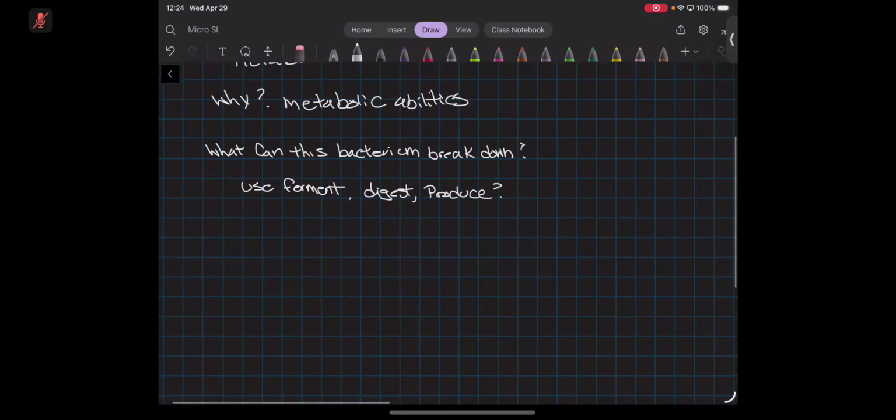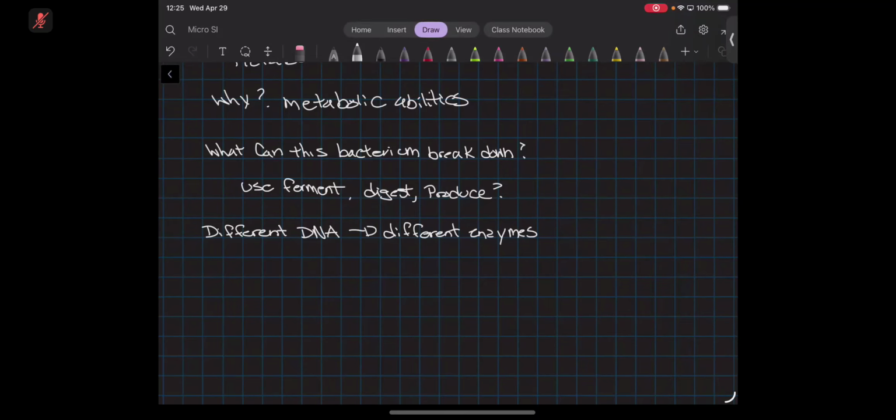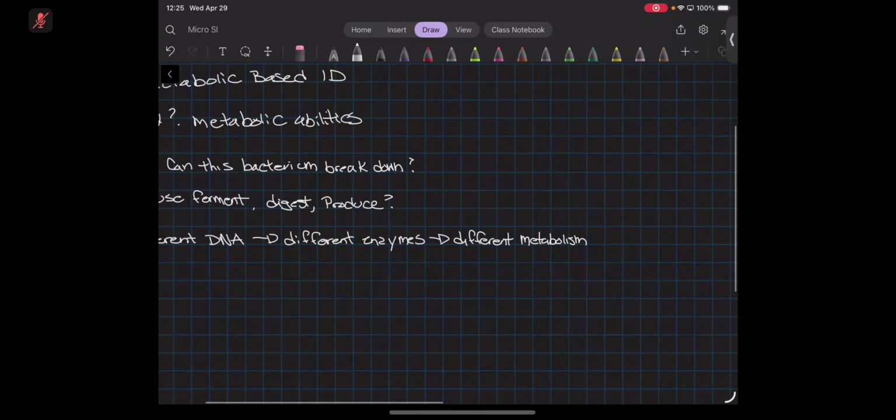So the logic here is that each bacterial species has different DNA, okay? And that different DNA means that they have different enzymes, and that different enzymes mean that they have different metabolism, and those different metabolisms give different chemical reactions.